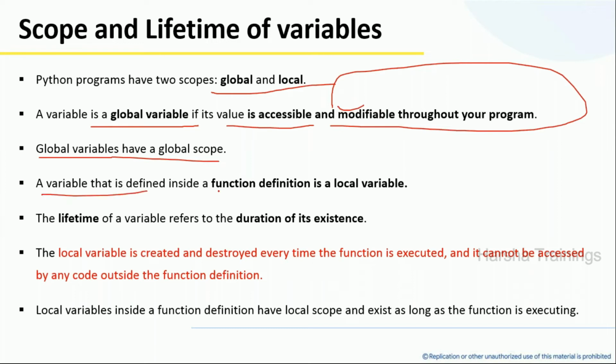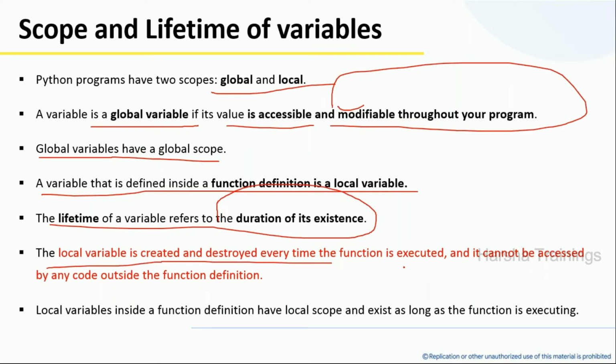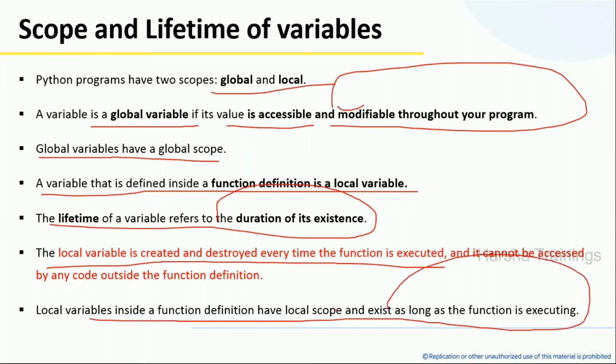A variable that is defined inside a function definition is called local. The lifetime of a variable refers to the duration for which it exists. Local variables are created and destroyed every time the function is executed. Local variables inside a function definition have local scope and exist as long as the function is executing. If you come out of this function definition, local variables lose their focus. Clear?